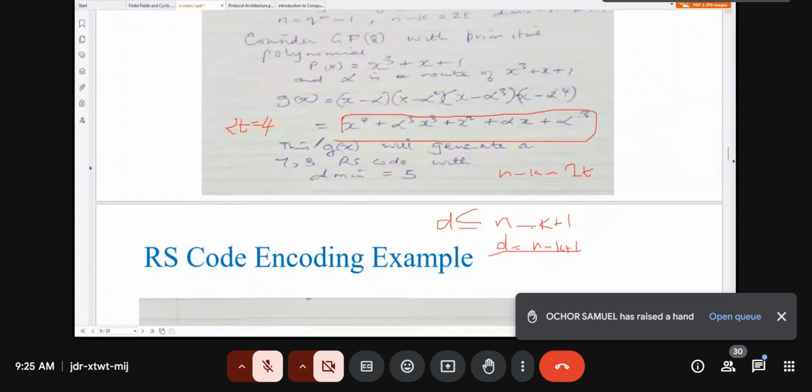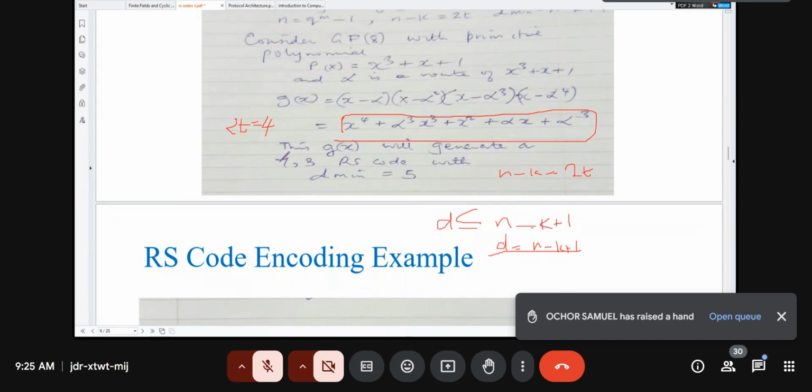It works out you can only have 3 symbols because the length of your sequence will be 2 to the m minus 1. Yeah, n is equal to 2 to the m minus 1.